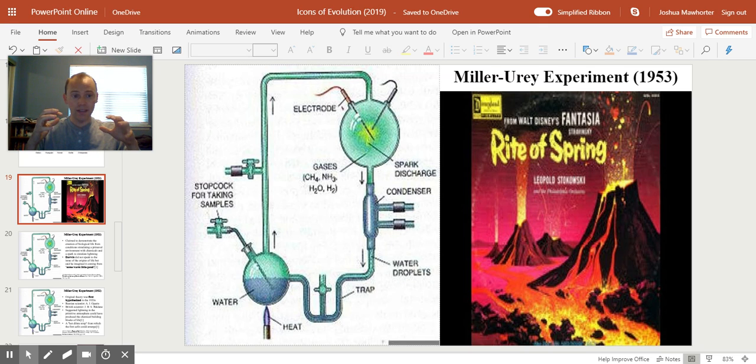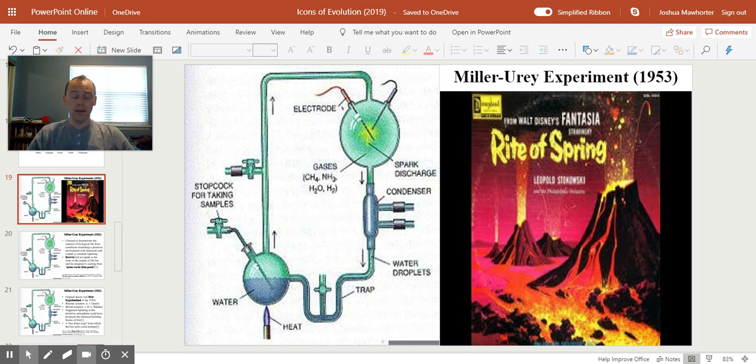Their goal was to see if they could get to the point where amino acids, the building blocks of the proteins of life, would be created, to see if they could generate the creation of life in a laboratory.